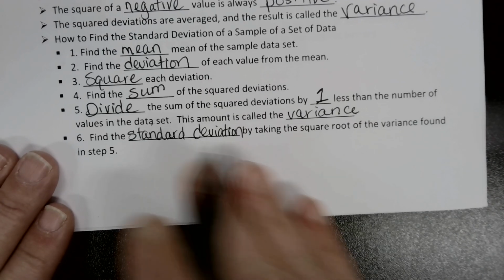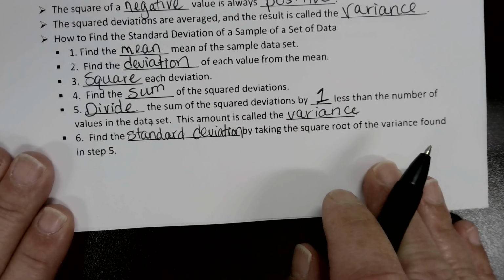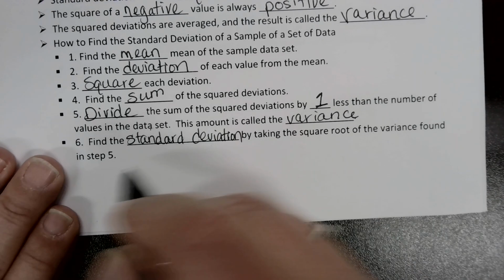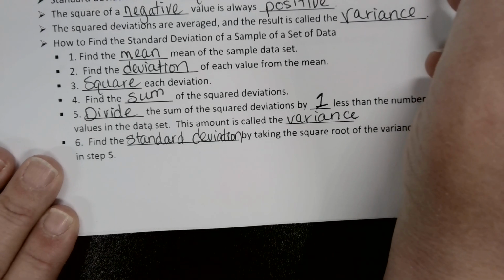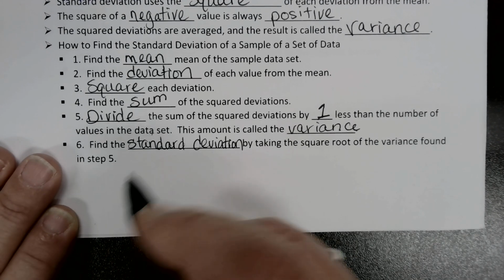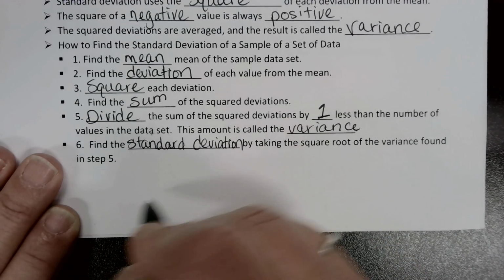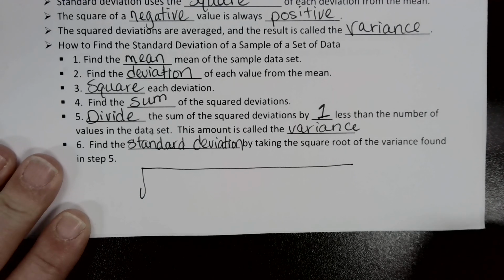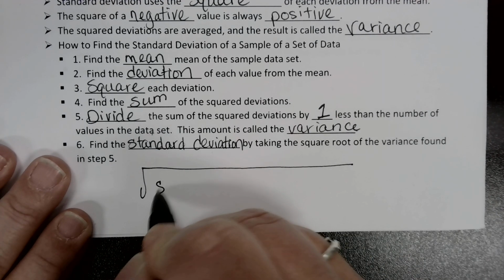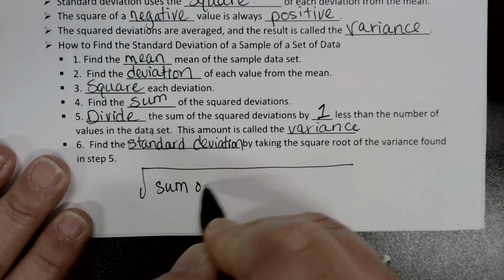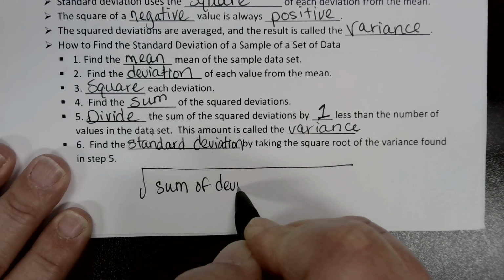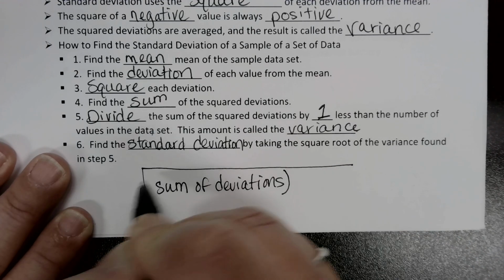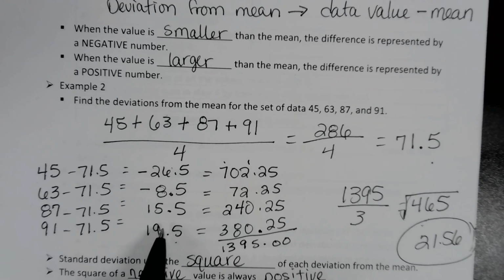So there's a little formula here. I'm going to write it, okay? You want to find the variance, which was this number, 465. So we're going to first take the sum of the deviations. Remember, these were our deviations.